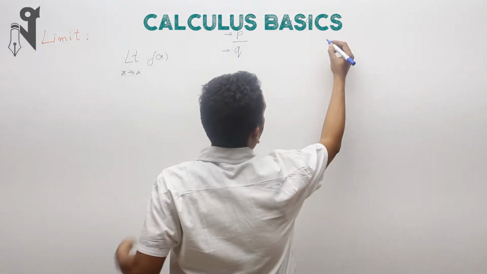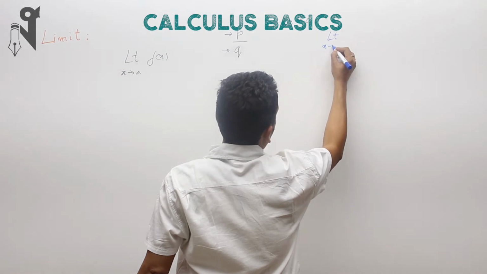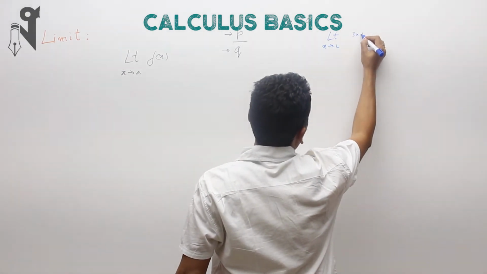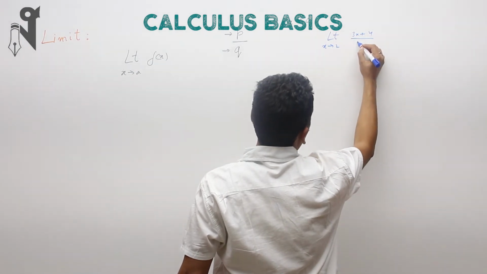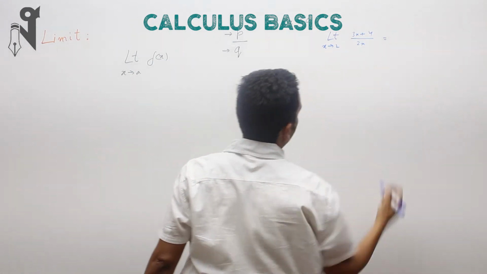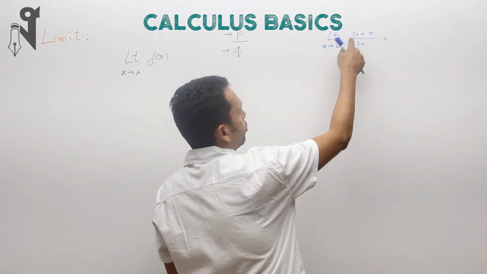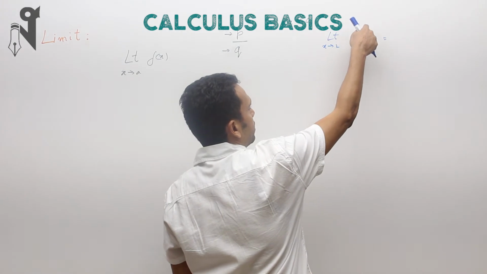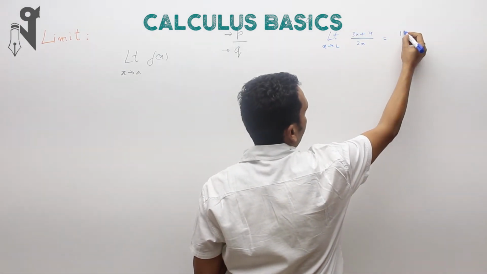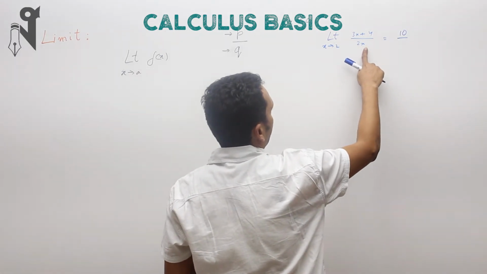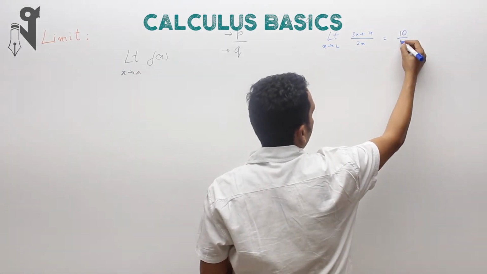The example would be, say limit x tends to 2 of (3x plus 4) upon 2x. So what would it be? When x is almost equal to 2, this will be almost equal to 6, plus 4 will be almost equal to 10, divided by 2 into 2, almost equal to 4.